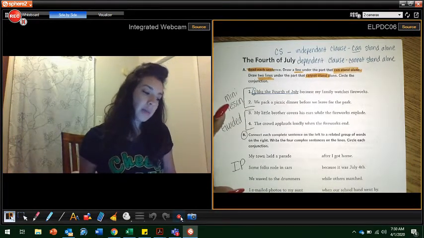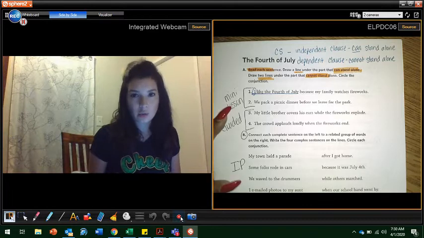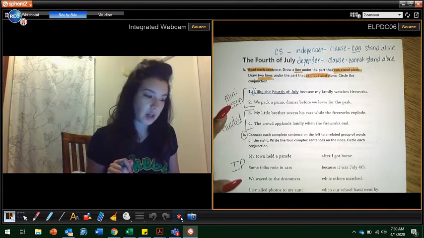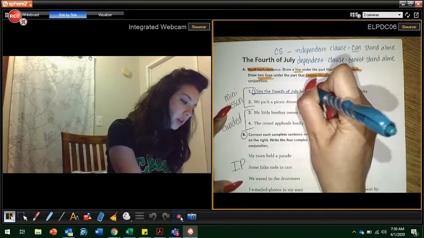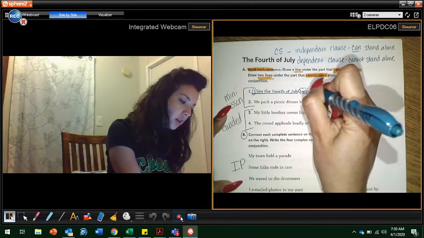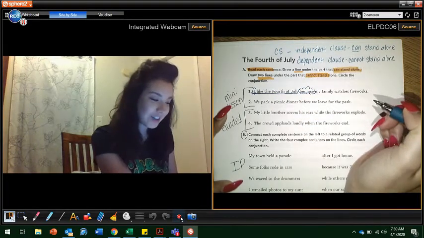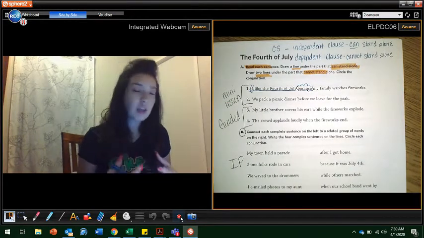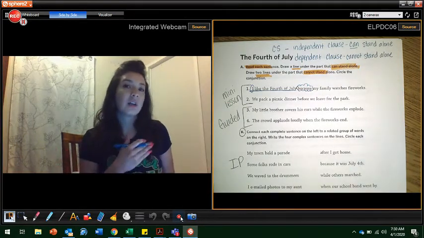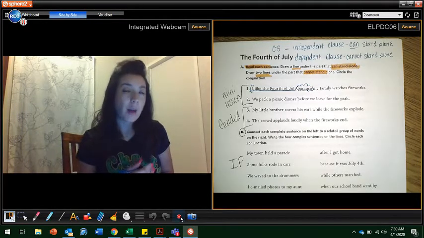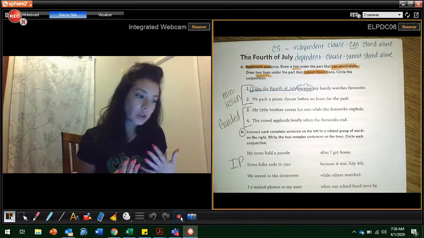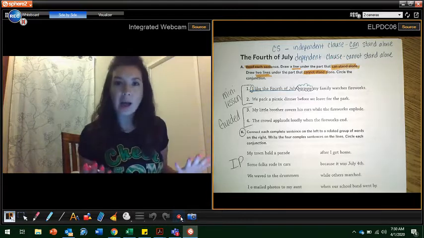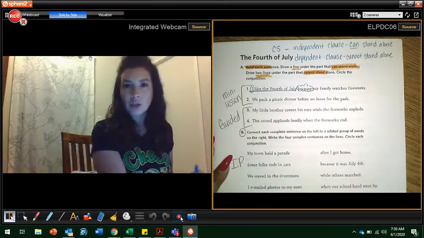And then I look at because my family watches fireworks. There's a special word in there. Do you remember this word? Our WOOBIS words. And so this word is making the rest of the sentence dependent, because it's making us think, well, what's going to happen, or what happened because my family watches fireworks?